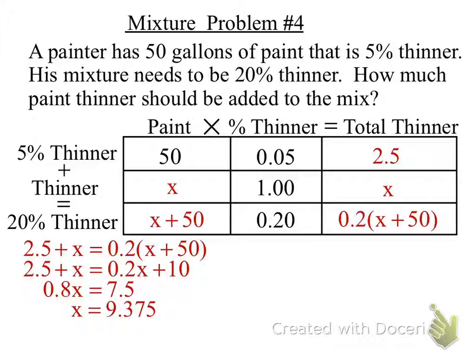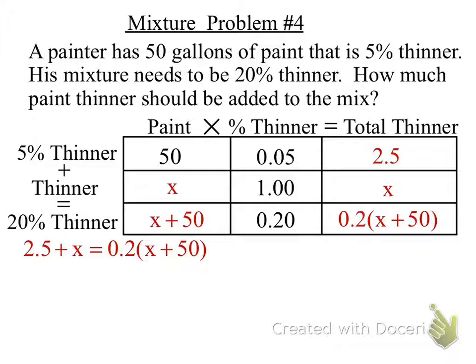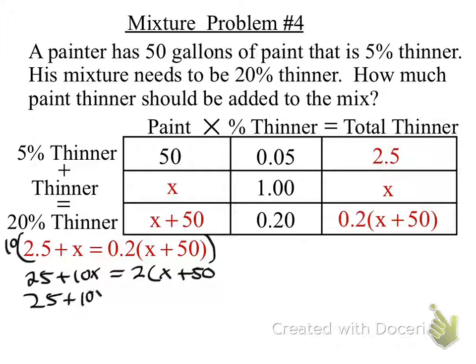Why didn't you get rid of the decimal? Just because the PowerPoint did it. If I was doing it, I would get rid of them immediately and multiply by 10. And I get 25 plus 10x equals 2 times x plus 50. 25 plus 10x equals 2x plus 100.